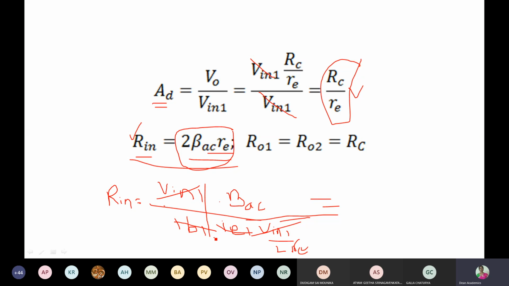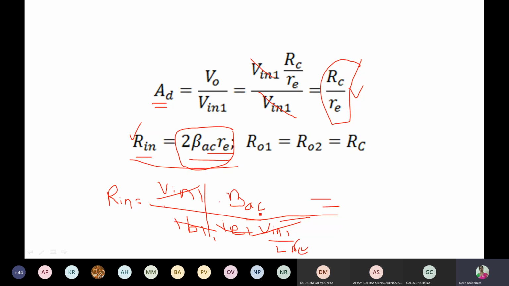But here there is only one input, therefore you need not mention the other terminal. So the differential input resistance of the differential amplifier, Rin, is defined as Vin1 by IB1. Have you written that equation?